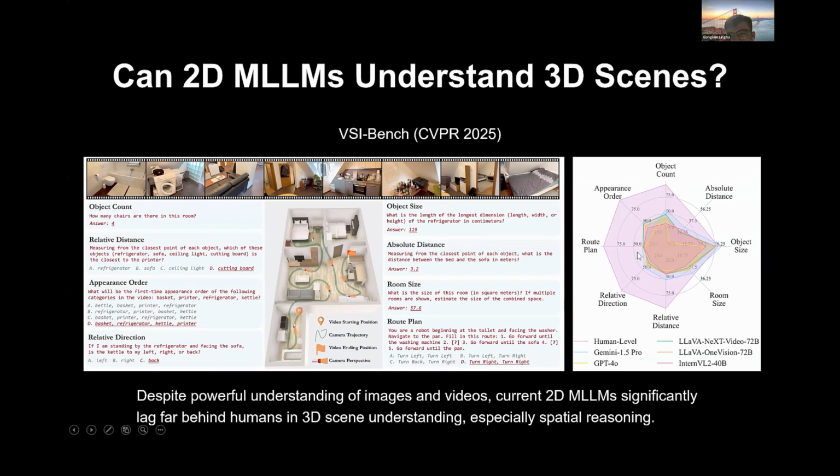The right figure showcases the gap between the human level and the most powerful 2D MLLMs. In types such as object counting, relative direction, and relative distance, the 2D MLLMs have a great gap with humans.